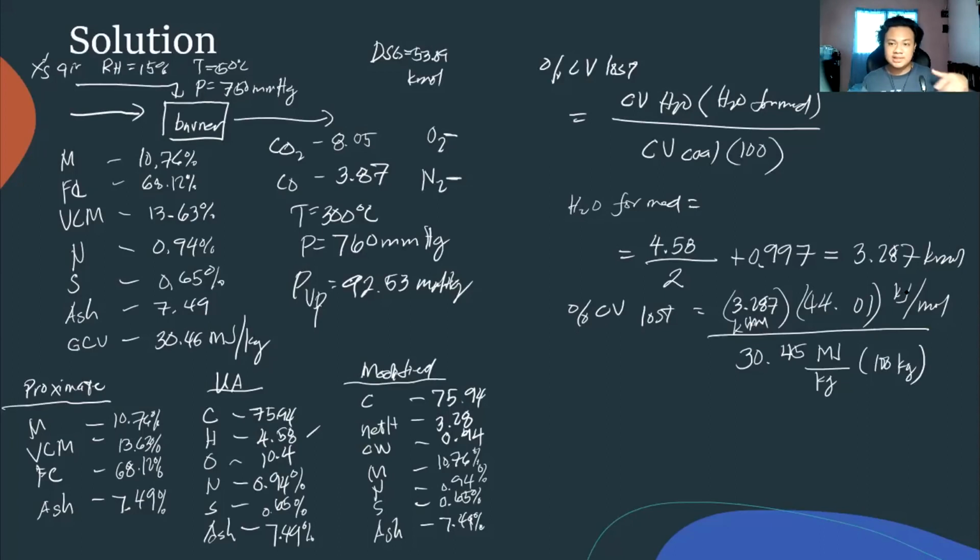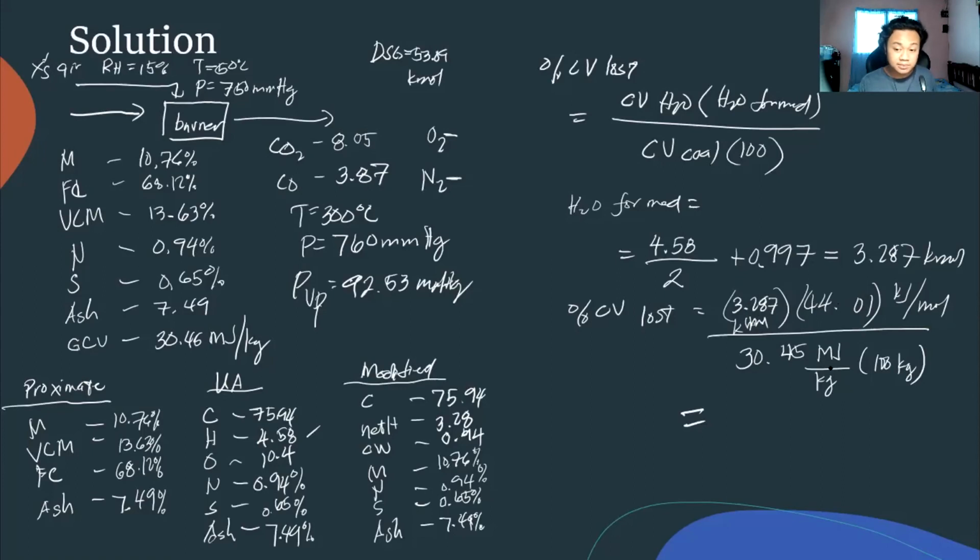So this is the beauty of units. Pwede ra din na siya 3.287. Just input this in your calculator and then you will get the right answer actually. Even if you don't get the proper units, it's actually the same.